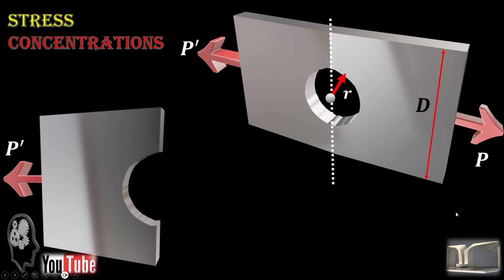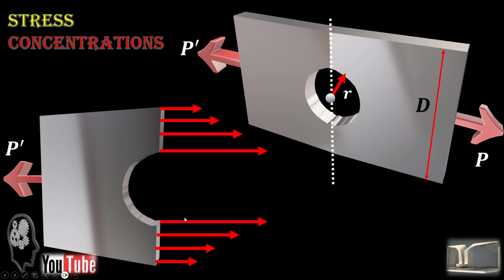If you cut it along the center line, and the circular hole has a radius of r and the plate has a width of D, stress concentration says that in the vicinity of the circular hole, the stress increases drastically, and as you move farther to the side from the hole, the stress decreases drastically.